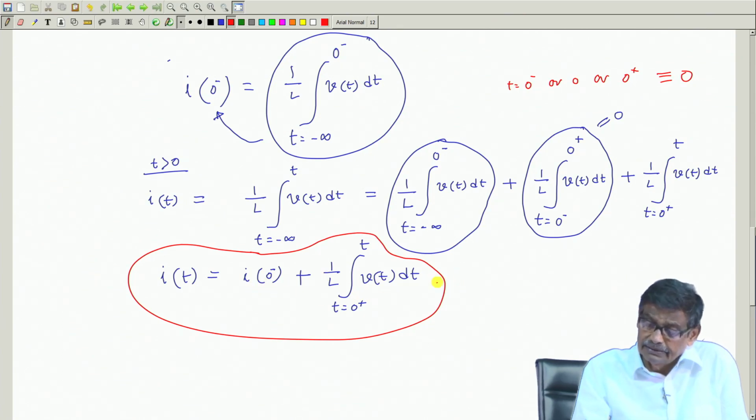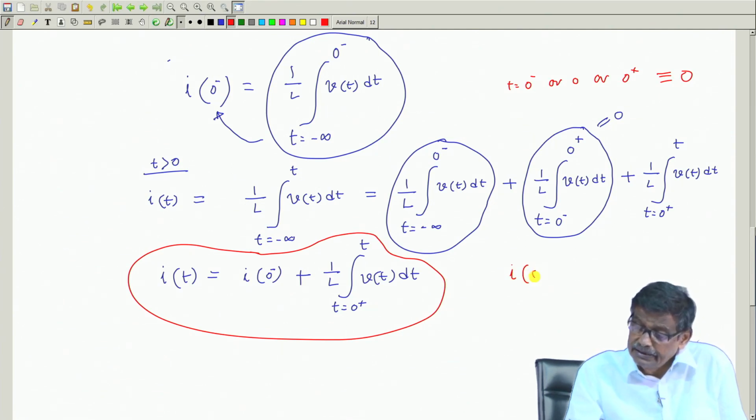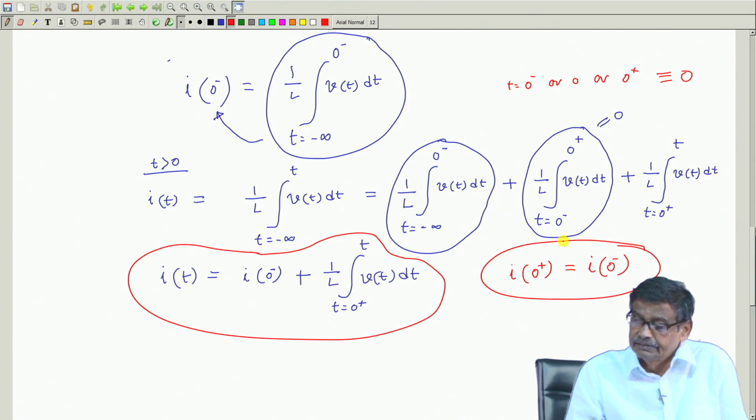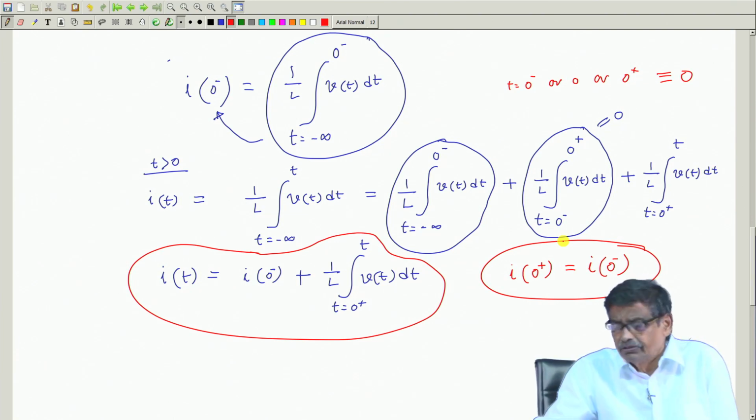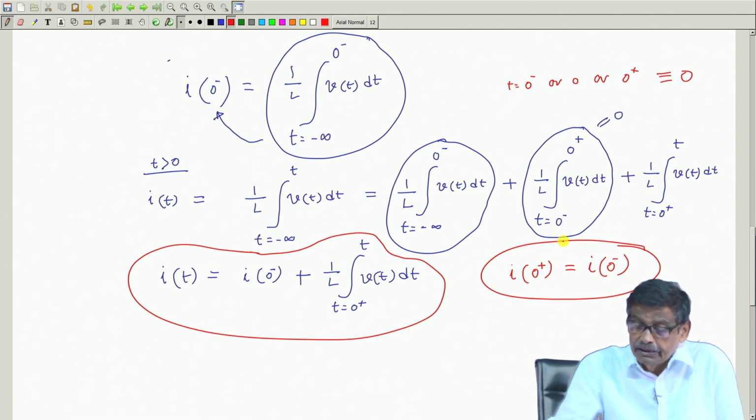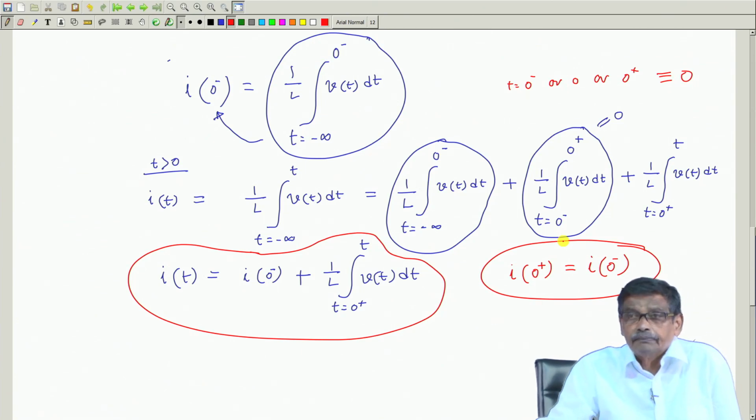With the condition that I 0 plus will be equal to I 0 minus, the inductor current has to be continuous. I think you have got the point. We will solve some small problems to emphasize this point further. But it is absolutely essential that you be very clear about what you are doing.